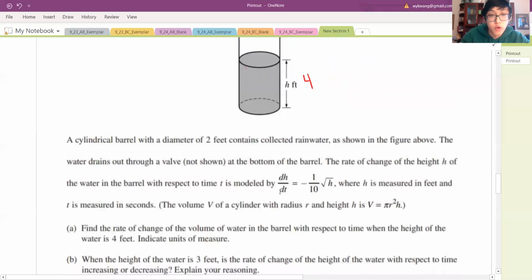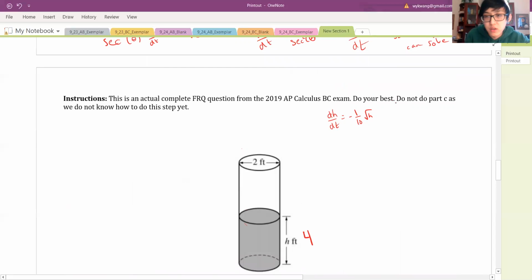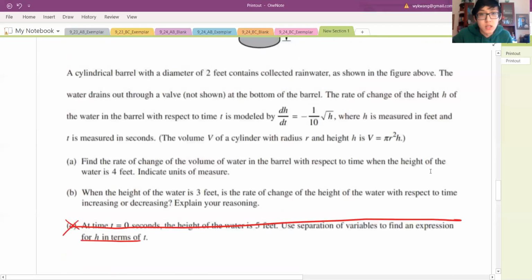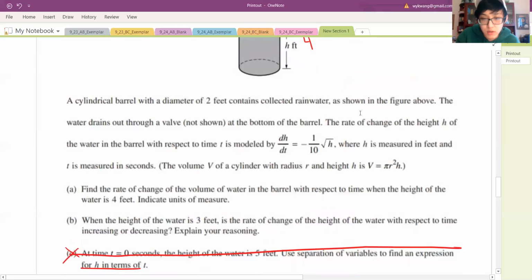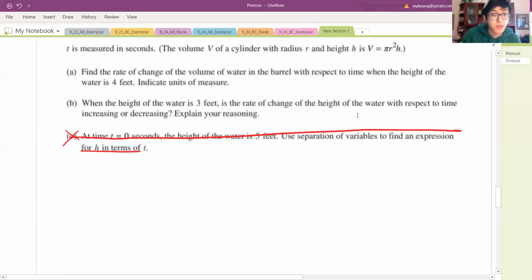I know h is 4. Find the rate of change of the volume of water in the barrel, so I want to find dV over dt. That's our big question mark. I have dH over dt, and I also have the volume of a cylinder. That's very useful.